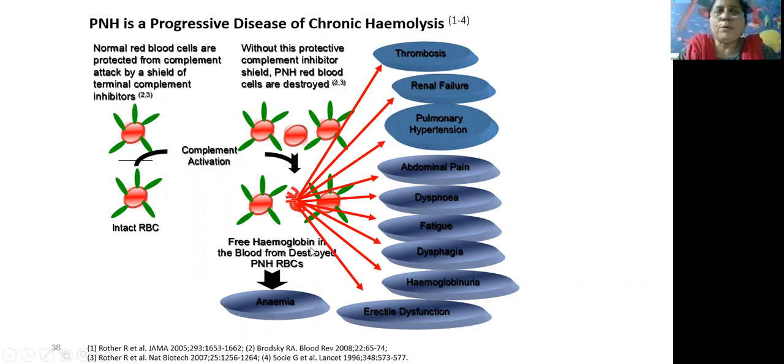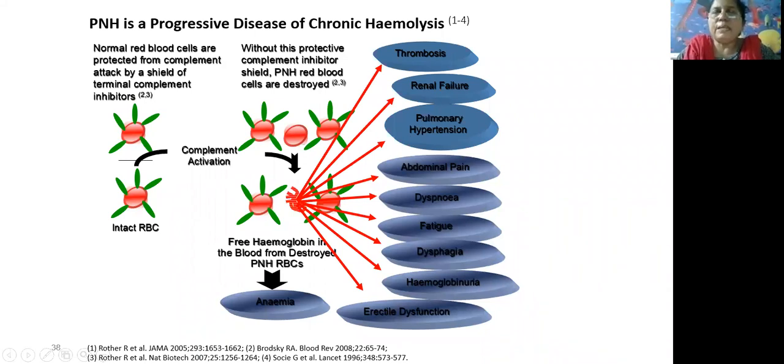So free hemoglobin in the blood, and that is excreted by the kidney. That is why hemoglobinuria. So anemia. Okay. Second, because this attacks the platelets, there is thrombosis, renal failure, because a lot of hemoglobin is going into the kidney and giving more workload, causing renal failure. Then pulmonary hypertension.